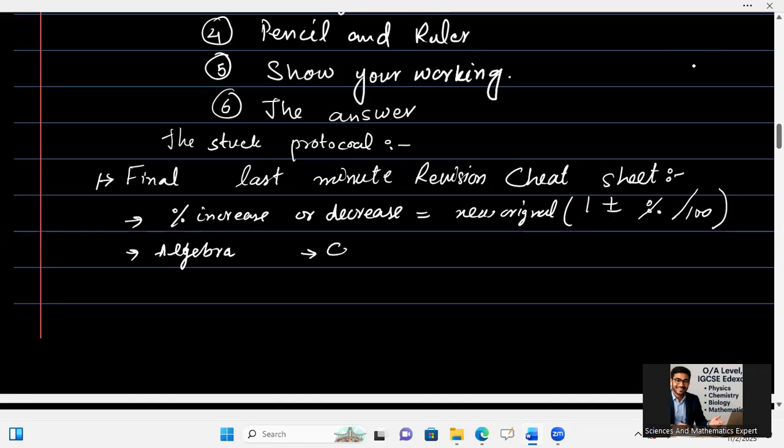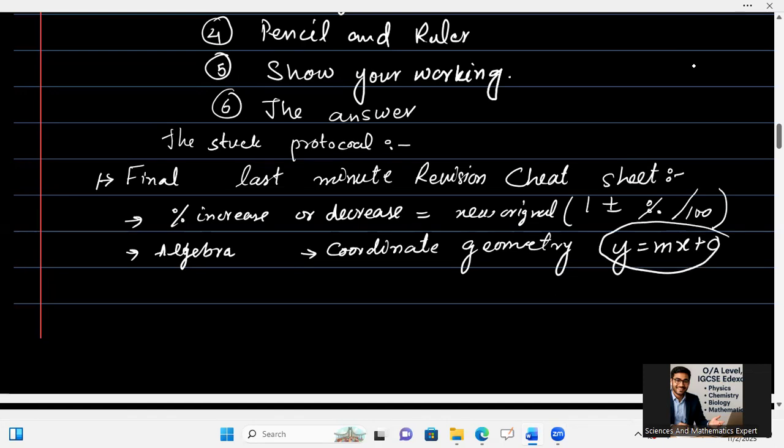That is related to coordinate geometry, in which y equals mx plus c should be used properly. In geometry, like circle theorems, know that the angle in a semicircle is 90 degrees, and tangents meet the radius at 90 degrees. Then trigonometry: sine and cosine rules.